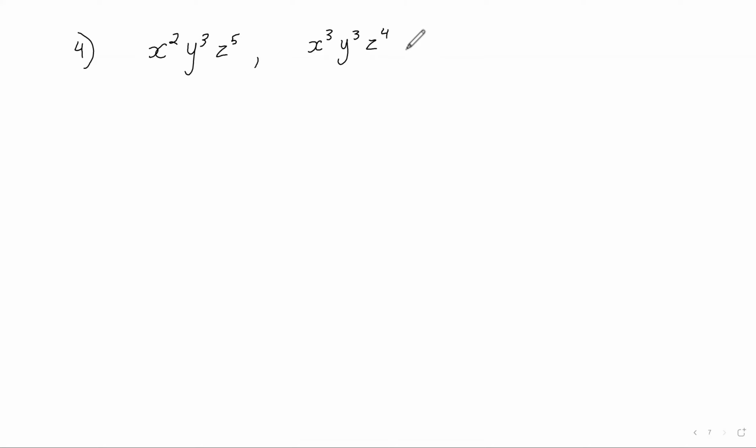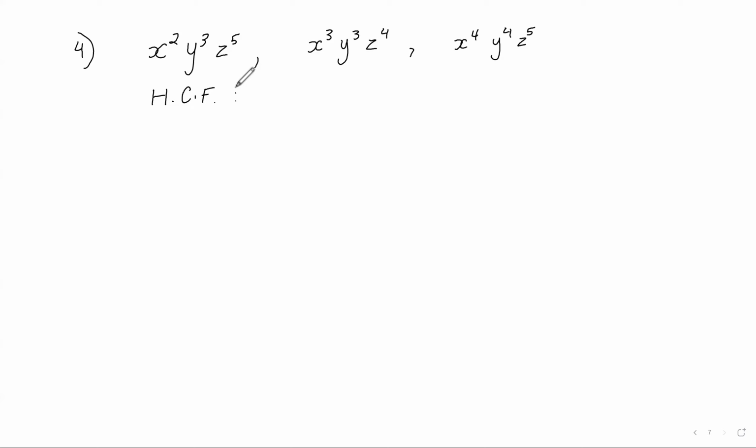And then the third term is x to the power of 4, y to the power of 4, z to the power of 5. Sorry, I didn't mean to write this comma there. Right, so these are the terms. Right, Josh? So let's determine the highest common factor.